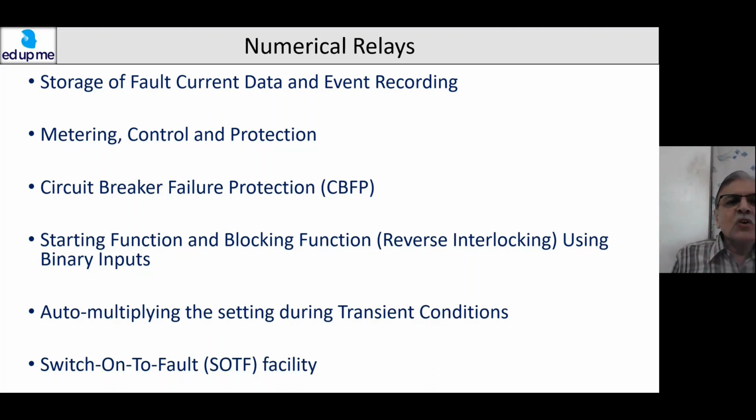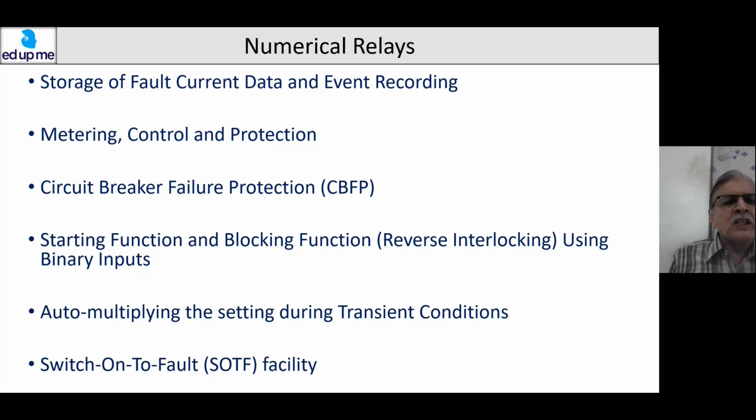Metering, control and protection. So it does very good, much better protection than the earlier relays. More so, it gives us the advantage of metering. The relay can measure current, voltage, active power, reactive power, power factor, negative sequence current, negative sequence voltage, zero sequence current, zero sequence voltage.